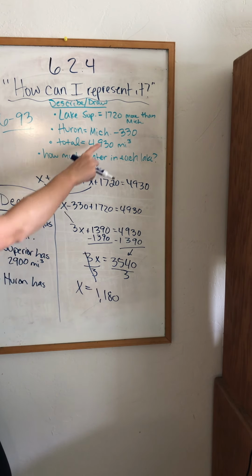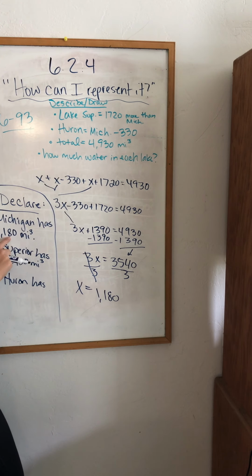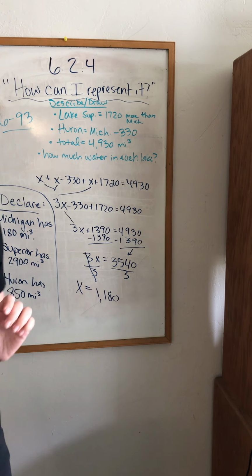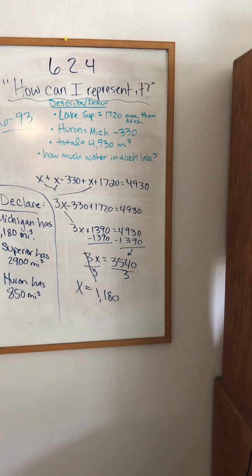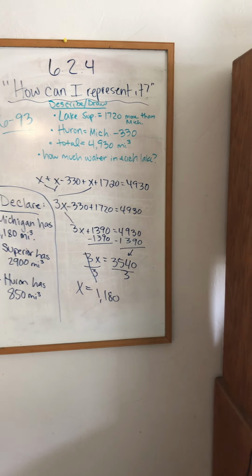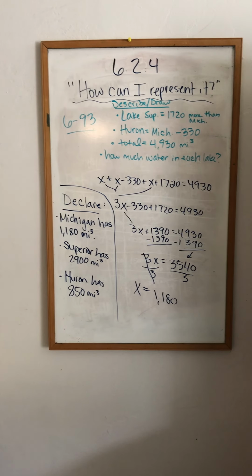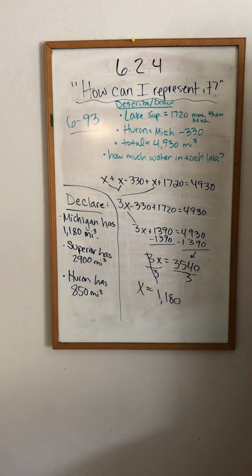And Huron was 330 less than Michigan. So I did the calculation, and it was 850. So there is problem 6-93, oh my gosh, I moved it, sorry. 6-93.